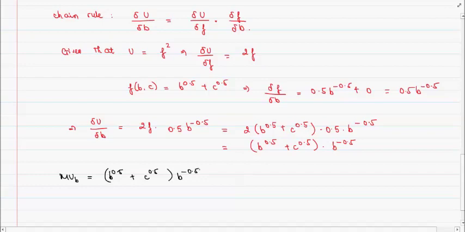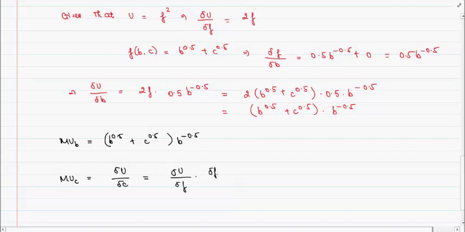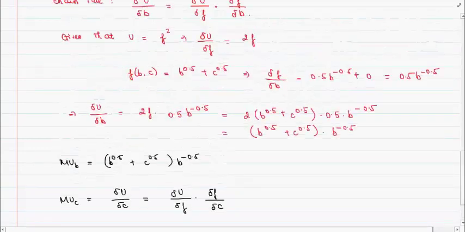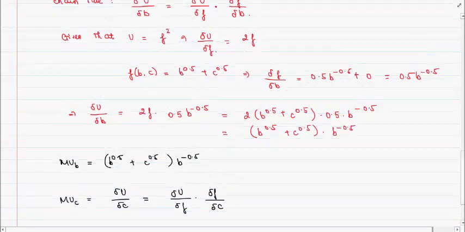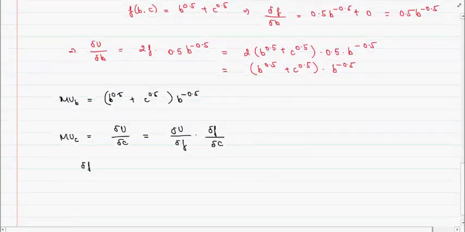We do a very similar thing to find the marginal utility of c, which is just the change in u given the change in c. Again, applying a chain rule, this is just the change in u given the change in f, times the change in f given the change in c. The change in u given the change in f we already found earlier, equal to 2f.